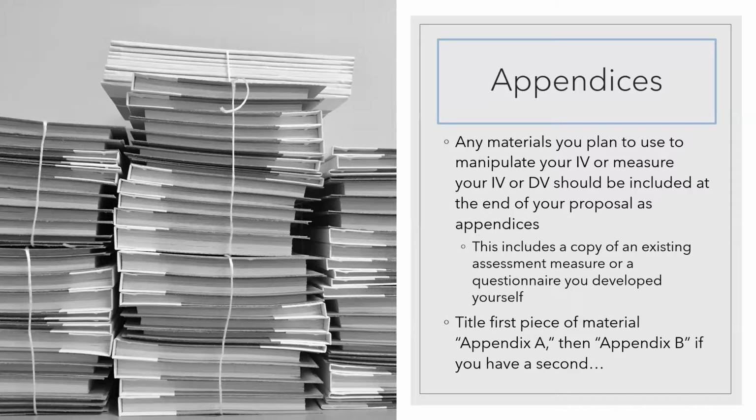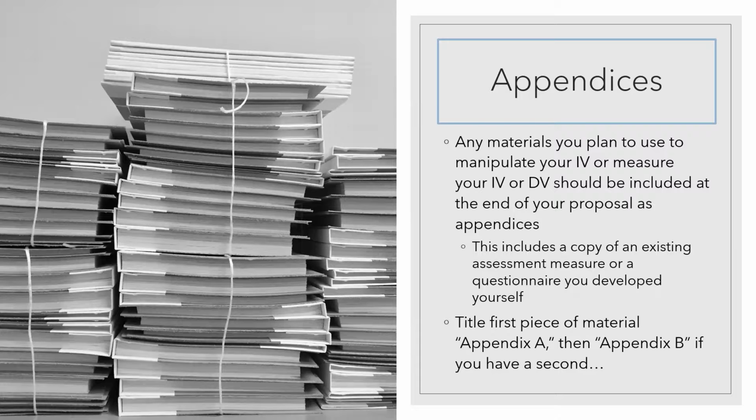These pages will not count towards your page number limit, so don't worry about them, even if they're another 10 pages. You should title the first material that you include as Appendix A. So if you're just including a singular psychological assessment measure, all you have to do is label that Appendix A and then you're good.